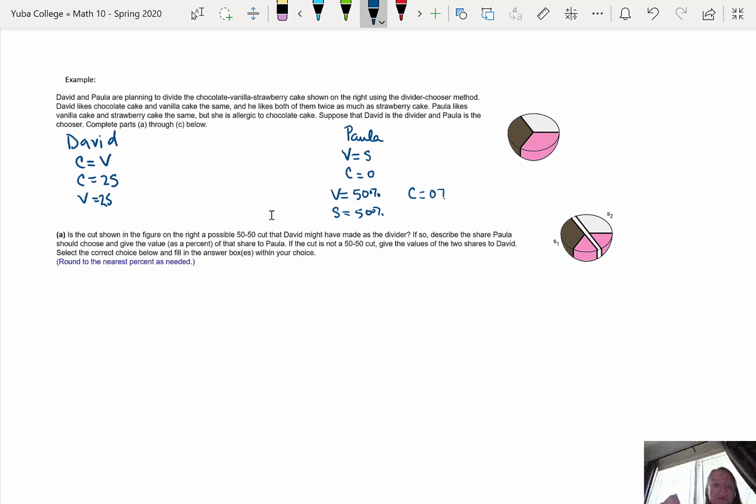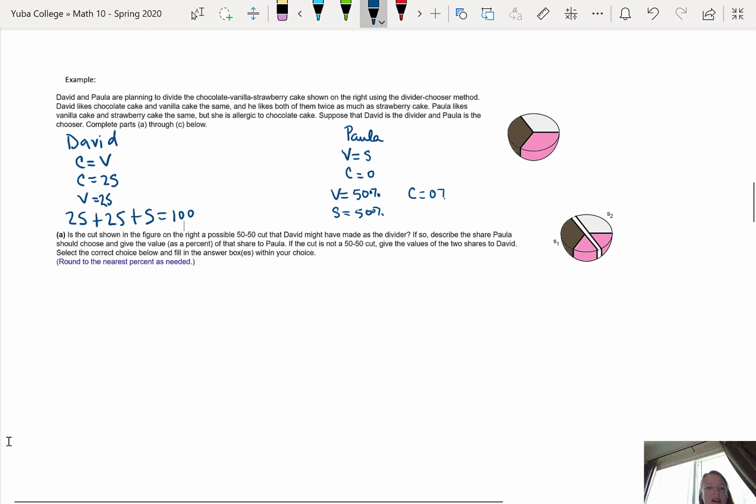If we look at David, though, he likes all of them, but just not necessarily the same. So let's turn this in terms of all of strawberry. Chocolate and vanilla are the same. Chocolate is equal to 2s, plus vanilla, which is equal to 2s. So I have 2s plus 2s plus strawberry, which is equal to 100%.